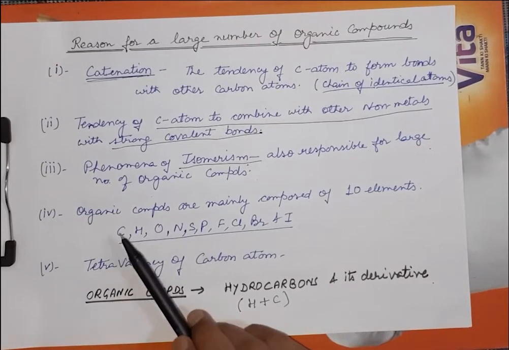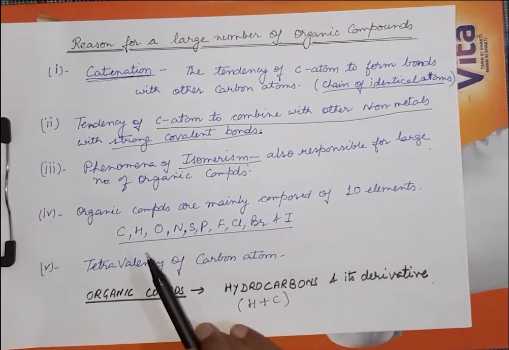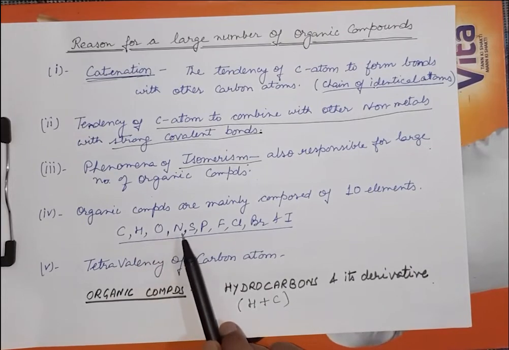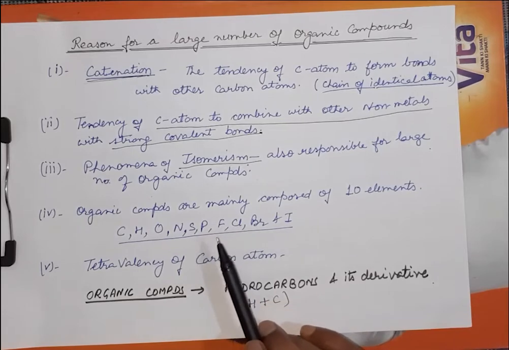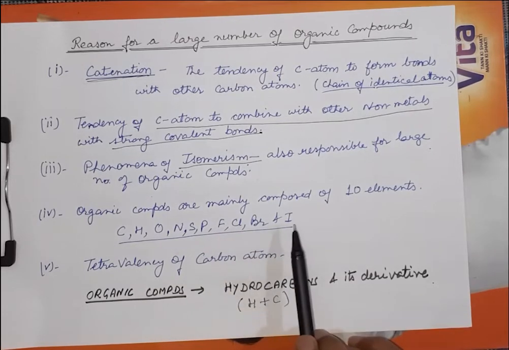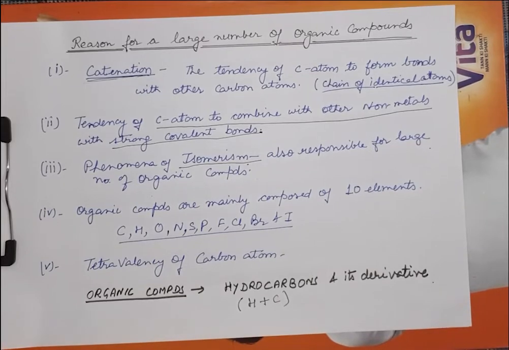Organic compounds are mainly composed of carbon, hydrogen, oxygen, nitrogen, sulfur, phosphorus, and the halogen atoms, which are fluorine, chlorine, bromine, and iodine. Another quality of the carbon atom is that it is tetravalent. Carbon has tetravalency. All these reasons are there for the formation of a large number of organic compounds.